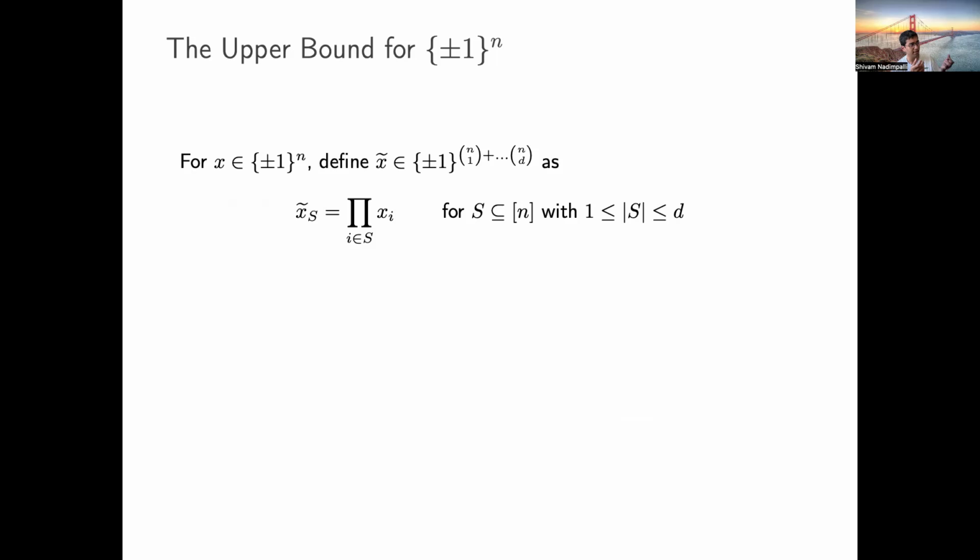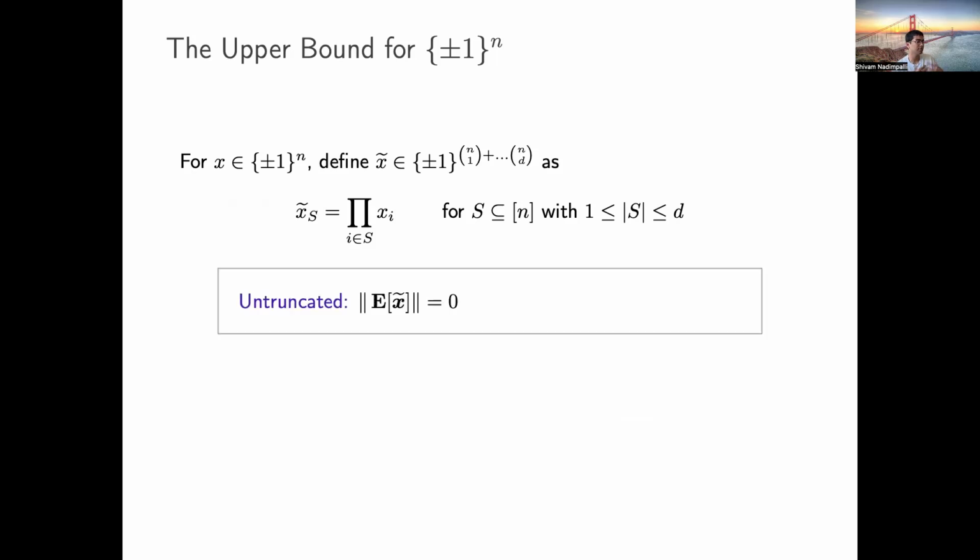Given a point x in the Boolean hypercube, you can define its polynomial kernel obtained by looking at the monomials of size at most d. So this x tilde is a vector indexed by subsets of n of size at least 1 and at most d, and x sub s is just the product of the x_i's, where i is in the set S.